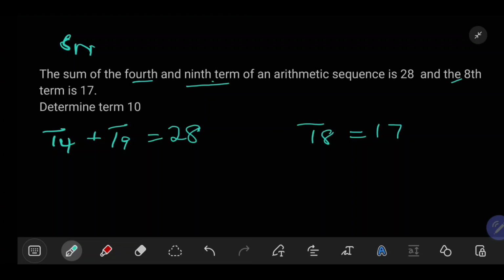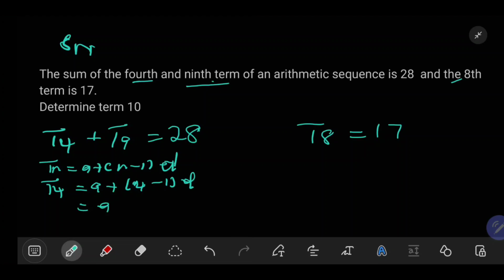All right, so we are still working with an arithmetic sequence, as per the question. So when we want term number 4 in an arithmetic sequence, we know that Tn is equal to a plus (n minus 1)d. For term number 4, where we see n, we put 4 minus 1 times the difference. So for term number 4, it's a plus 3d.